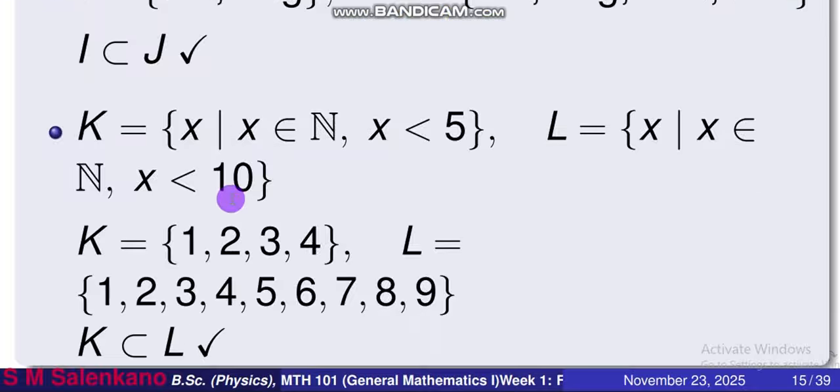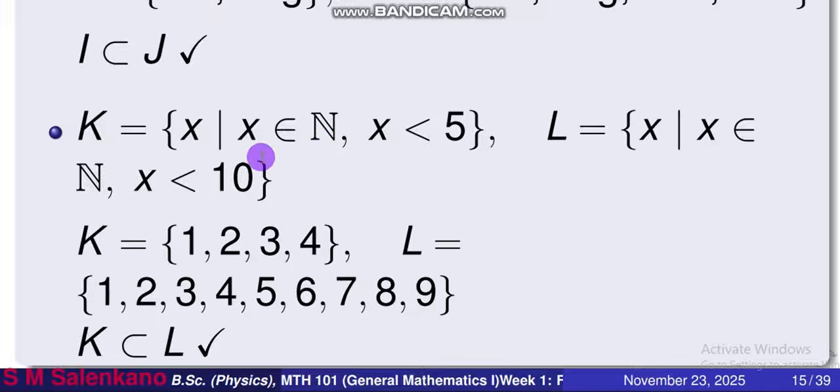Then we can use set builder notation also for that. Look at this. K is a set of x such that x is an element of natural numbers and x is less than 5. Remember, natural numbers are counting numbers.